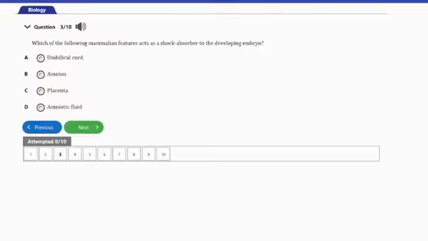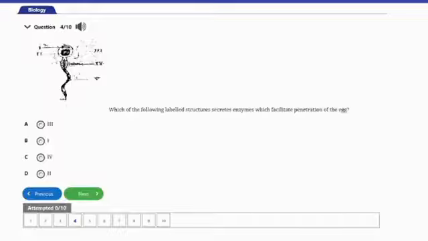Let's go ahead and consider the next question, question number 4. It says, which of the following labeled structures secretes enzyme which facilitates penetration of the egg? We have A, III, B, I, C, IV, and D, II.